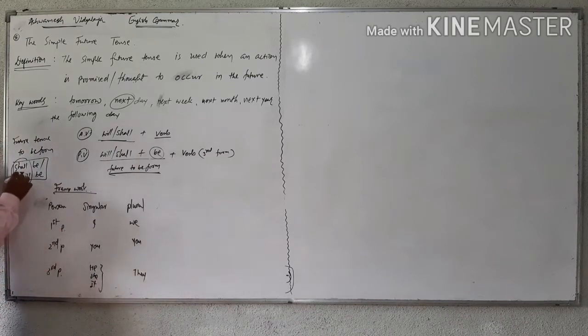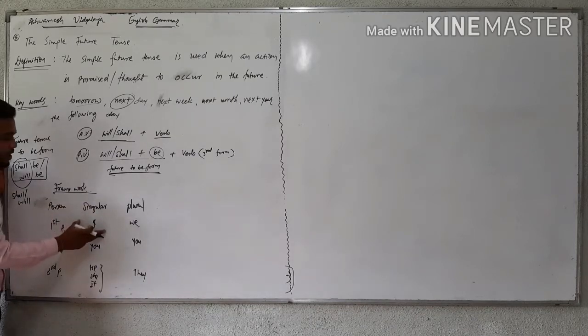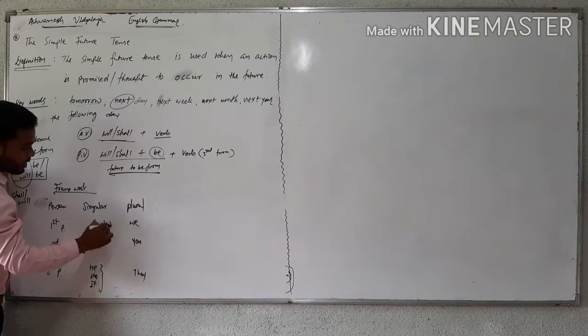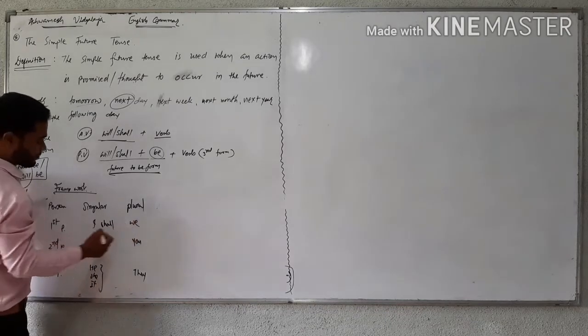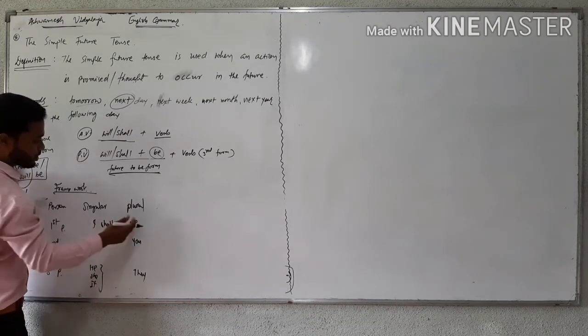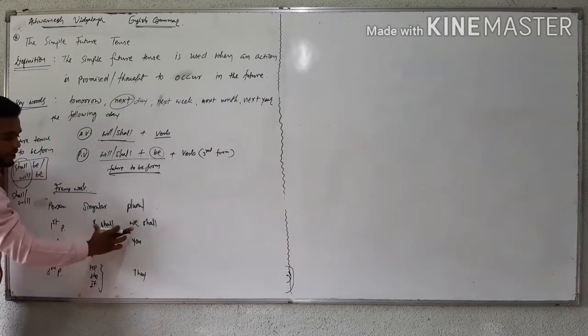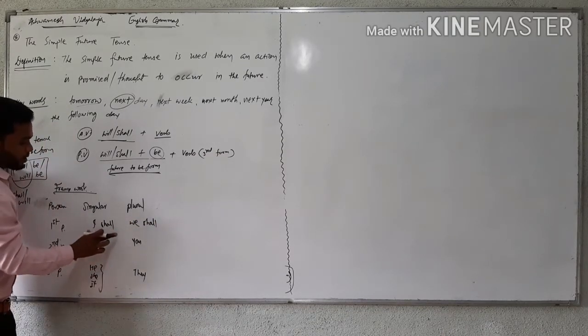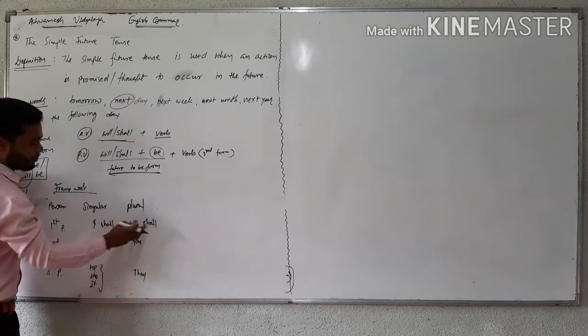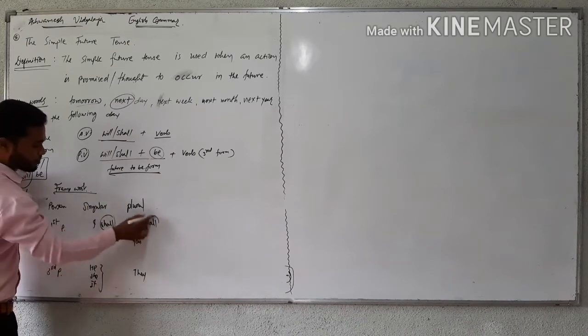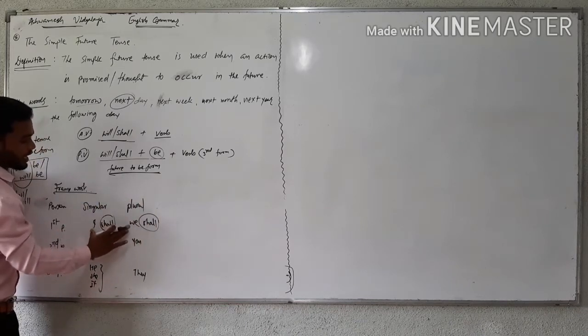So we use shall and will. First person singular and first person plural we use with shall. Only two subjects, I and we, are suitable for shall.